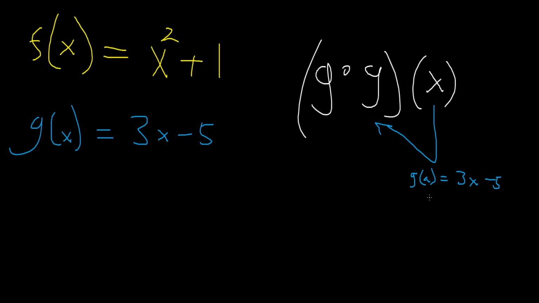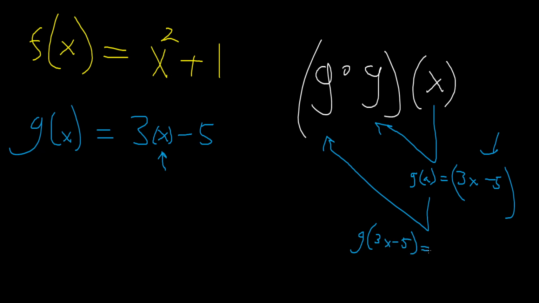However, this time when we go to plug it in, we need to be careful and make sure that this is in parentheses. So for g of x, 3x minus 5, this x is the one with parentheses. Okay, so we're putting this guy right here into these parentheses over here. So we're doing g at 3x minus 5.